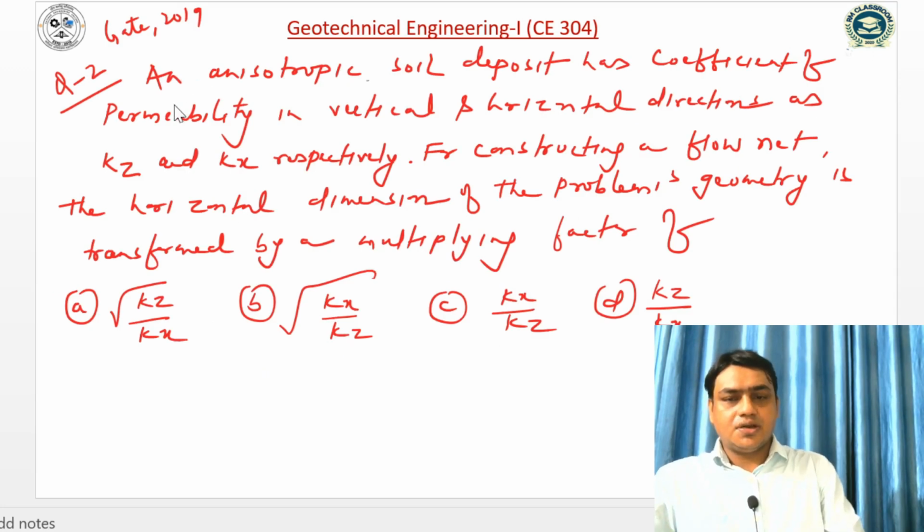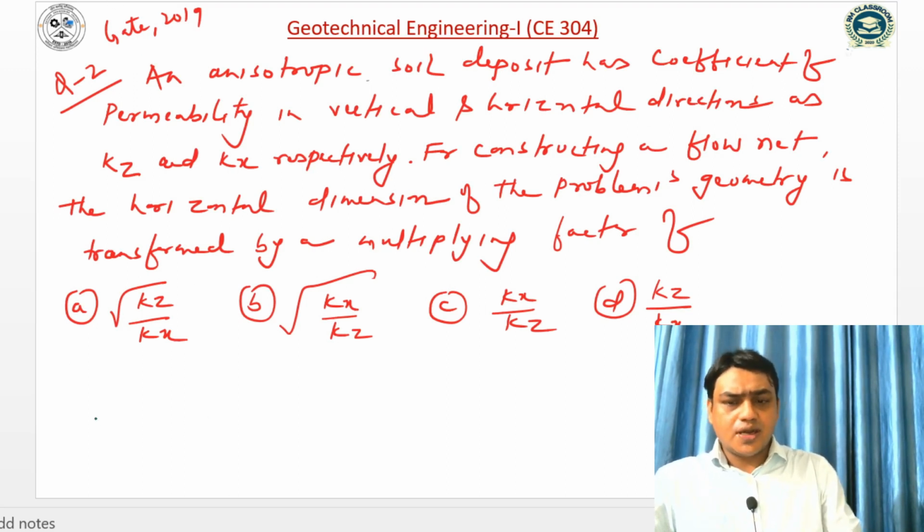Let us take another question. An anisotropic soil deposit has coefficient of permeability in vertical and horizontal direction as Kz and Kx respectively. For constructing a flow net, the horizontal dimension of the problem geometry is transformed by multiplying a factor of what?